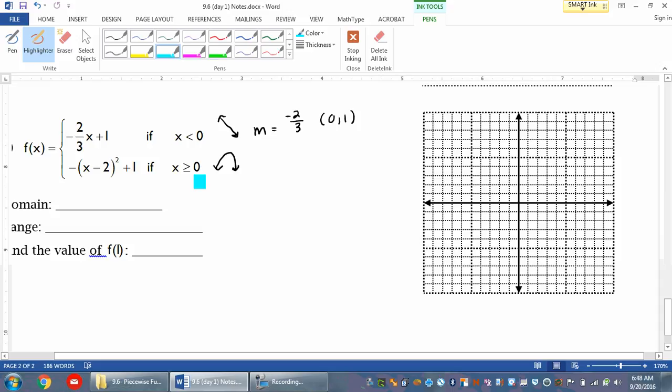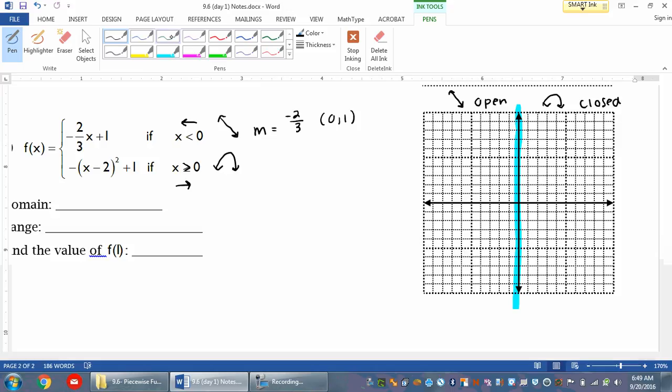My y right at 0, so I'll do the y-axis. First, I have my arrows less than 0, so it's my falling line on the left, and it's going to be an open circle. So I have my arrow on the right, the upside down quadratic on the right, that's going to be closed.